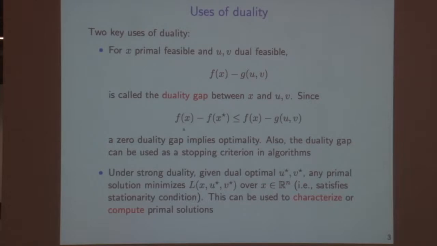So if we subtract off f star from f, that's going to be no bigger than the difference between f of x minus g of u, v. And the analogous argument applies to g: g of u, v minus g star is also no bigger than this quantity. Or actually, in that case, it would be g star minus g of u, v, because we're trying to maximize the dual problem.